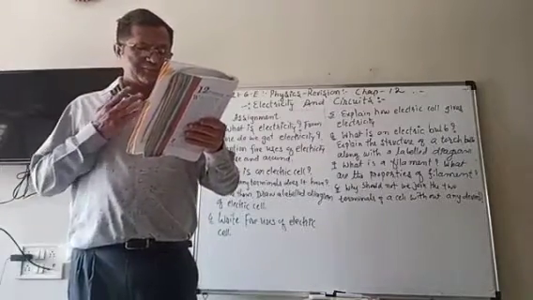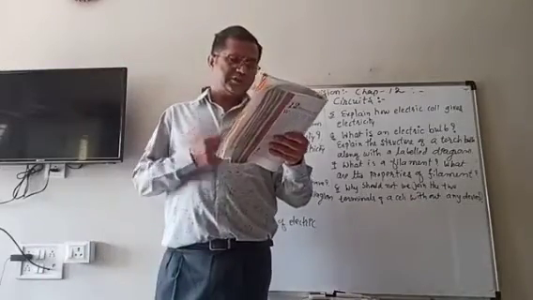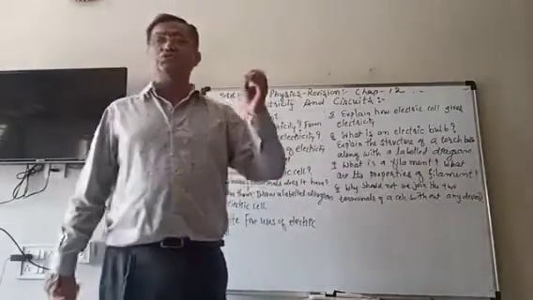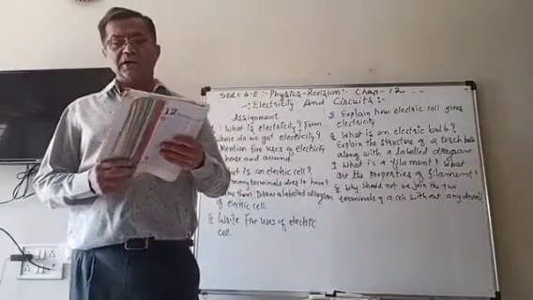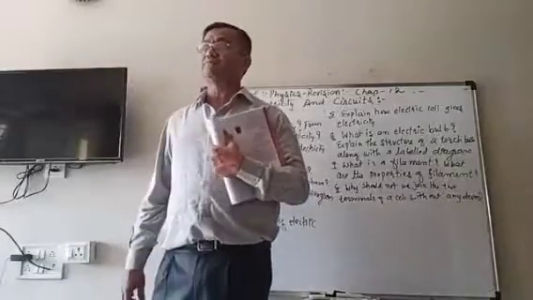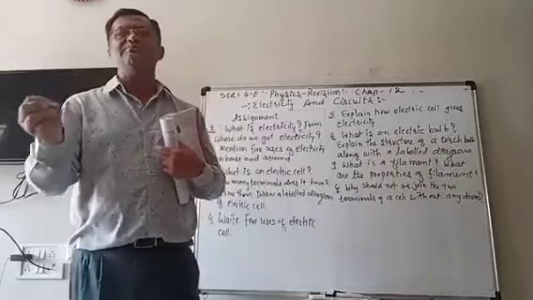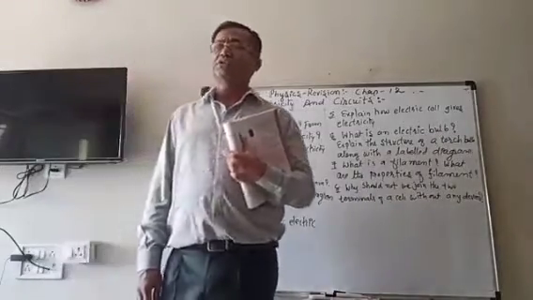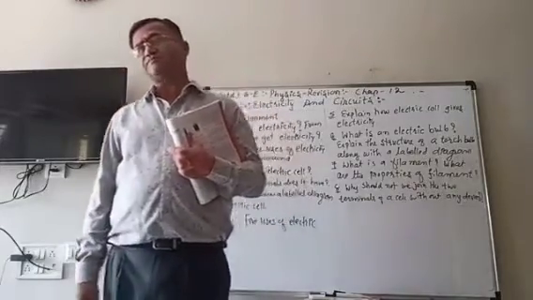The filaments are very important here, and the two terminals are fixed in the bulb in such a way that they do not touch each other. They must be separate. The electric bulbs used at home also have a similar design, but in a bigger size, with a filament and two terminals.